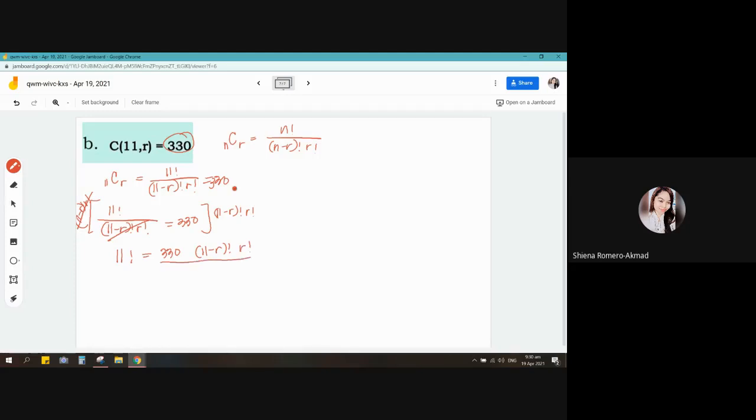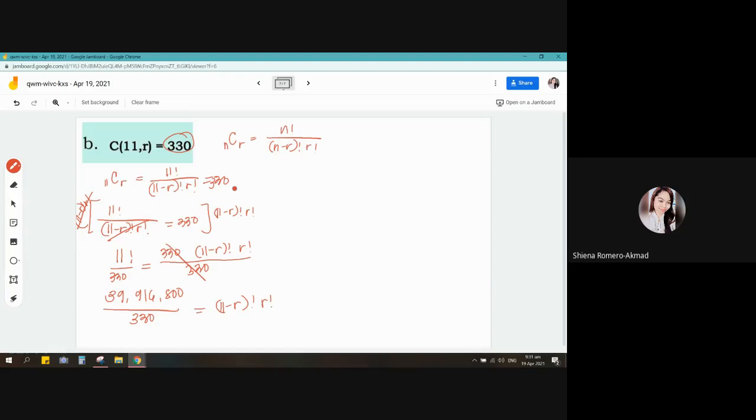Tapos, divide both sides by 330 because we wanted to get the value of r only. So, hindi natin kailangan yung 330 on the right side. So, we'll get 11 factorial, which is 39916,800 divided by 330 equals 11 minus r factorial times r factorial.